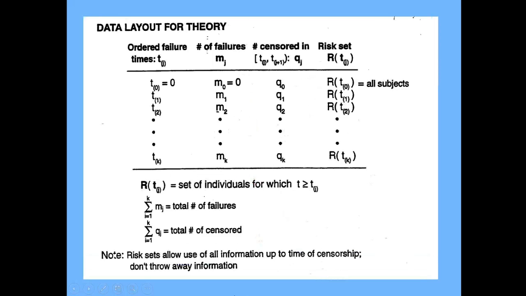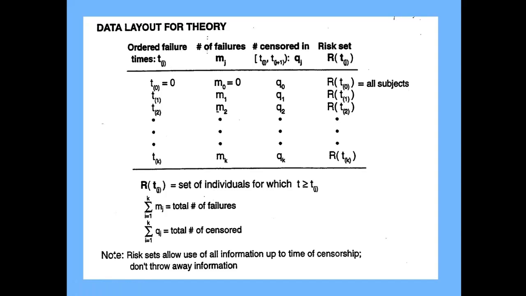Okay. Now there's one other data layout that's really important here. This is a little trickier, but this is an important one. Now, you see I say ordered failure times? What's that mean?